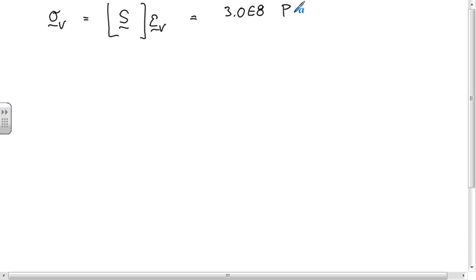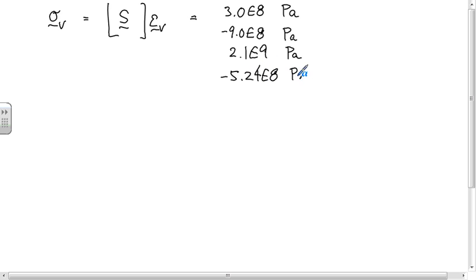And these are all in pascals. And then negative 9.0 times 10 to the 8th. And then 2.1 times 10 to the 9th. And then negative 5.24 times 10 to the 8th. And then 0, 0.